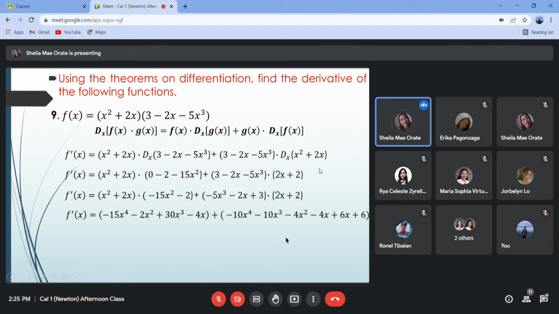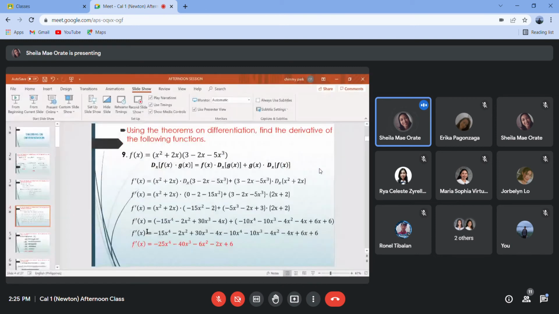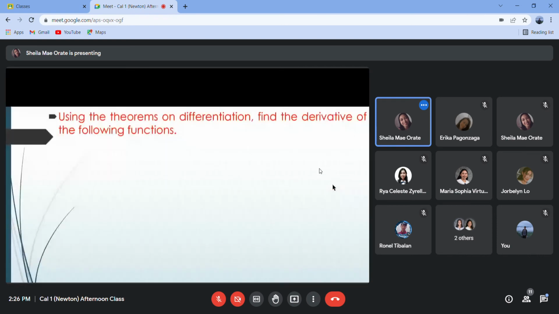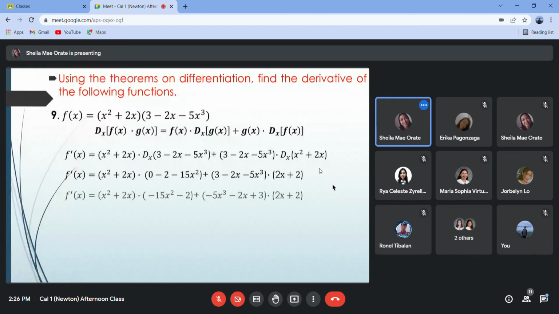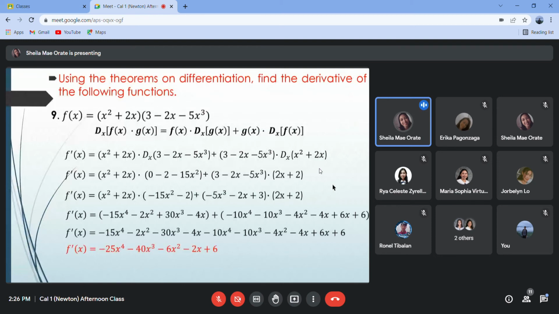Plus 6x plus 6. Okay. So, na-change ato ang ano diri. This should be negative x cubed. So, ang nahitabo diri, negative 25x raised to the power of 4 minus 40x cubed minus 6x squared minus 2x plus 6.